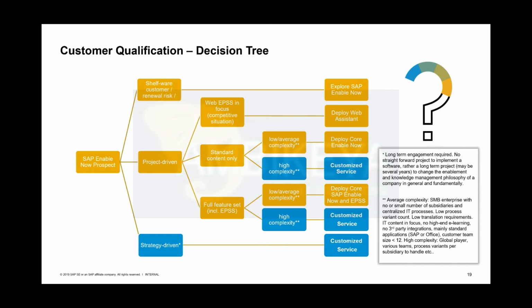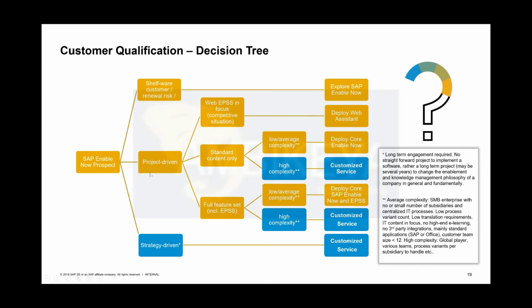Quick decision tree for the qualification. It's a starting point. Soon we're going to have a service calculator on Excel base that could be a starting point for pre-sales. There is work in progress right now. One big differentiator regarding the service to be offered is the way that the customer is actually intending to use Enable Now.